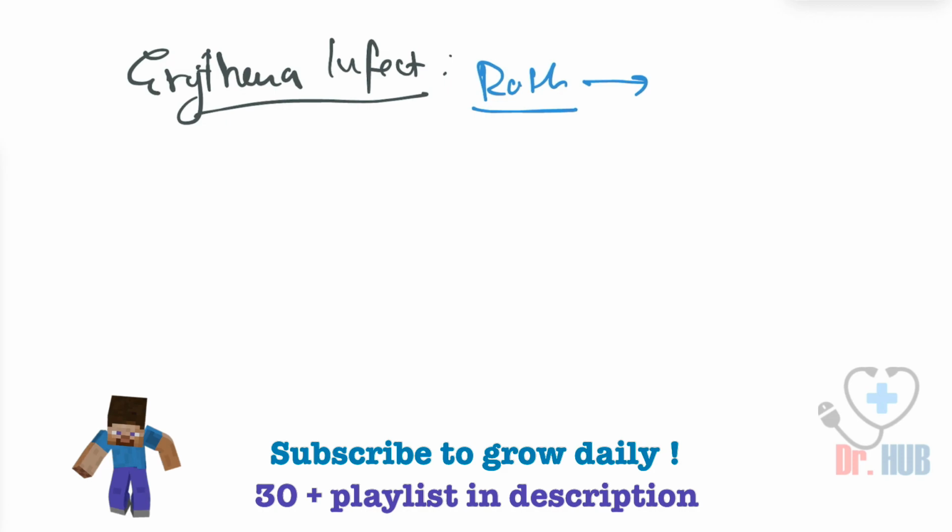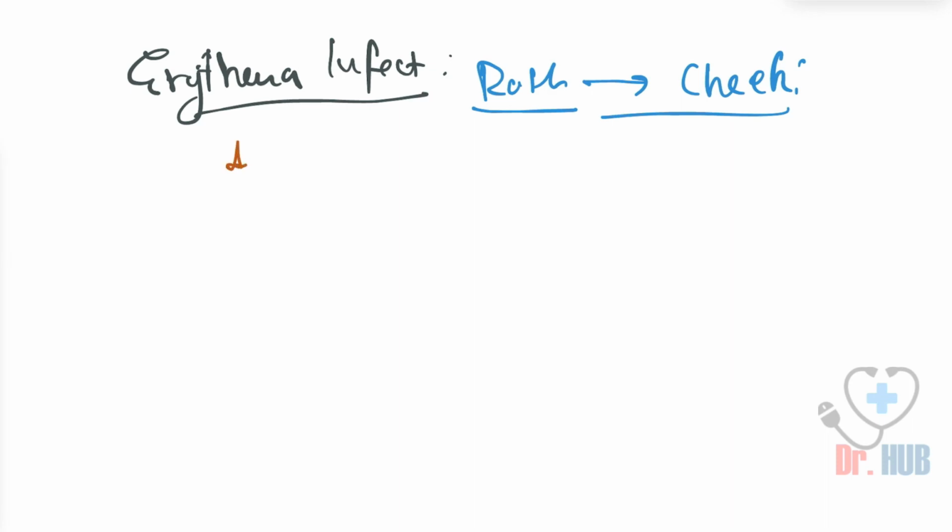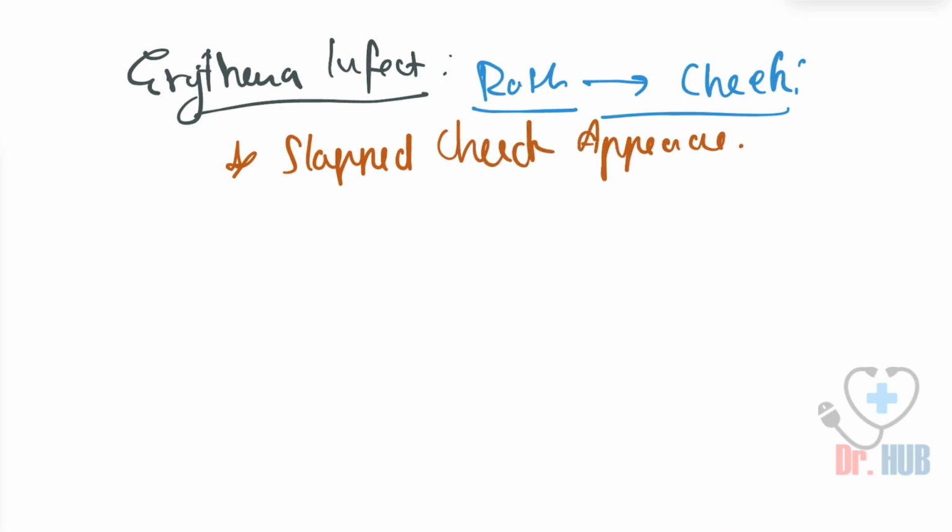It's a rash of the cheek, commonly known as the slapped cheek appearance. Another thing to note is that it moves to the trunk as well as to the extremities.